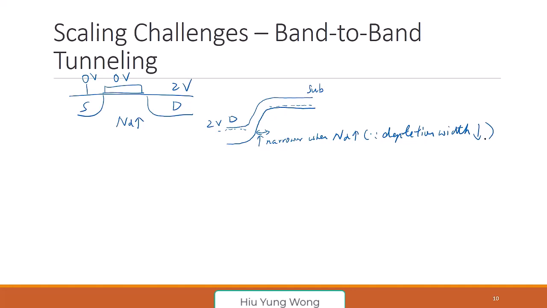So as a result, you're going to have so-called band-to-band tunneling, which we discussed before already, right? Because it's narrow, the band-to-band tunneling increases, then the leakage current increases, which is again not good, right? You scale the transistor, you don't do so many stuff. Actually, you want to control the leakage current also. So it's counterproductive. Is this clear, this concept? Okay.